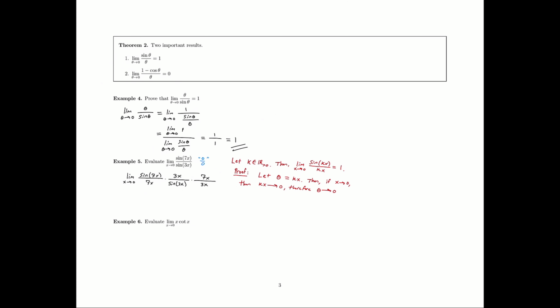So what I could do here is introduce a substitution. I could just say, let kx equal theta. And then this limit would look exactly like this.